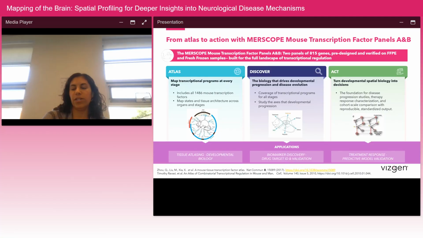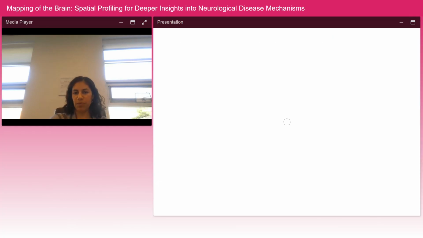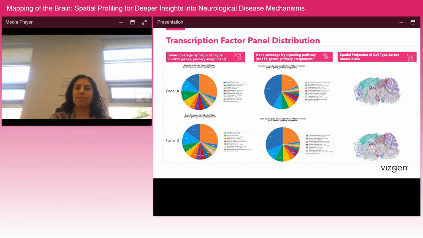And that can then be used to understand which developmental programs, which transcriptional programs, are turned on and off in the normal state and in the disease state. And much of this work is very applicable to humans, where you can't necessarily study every transcription factor in every tissue. So there's a really nice translatability of this panel between human and mouse.